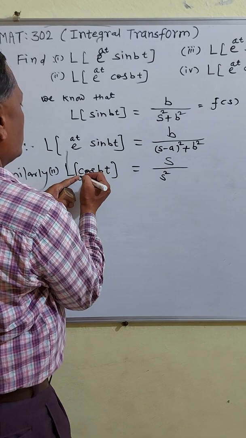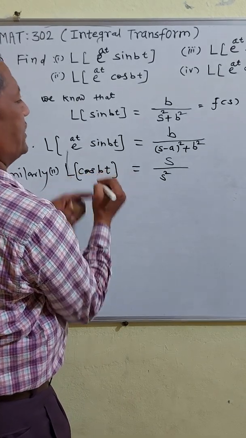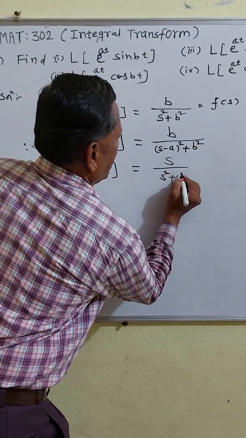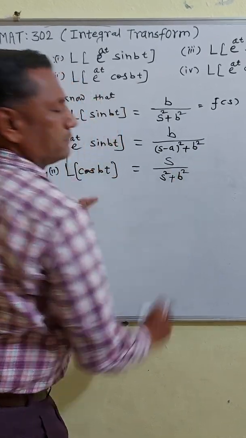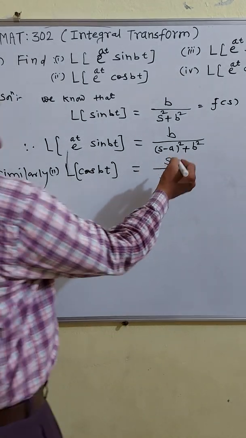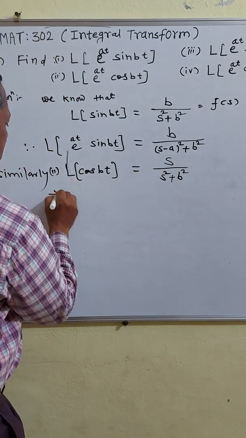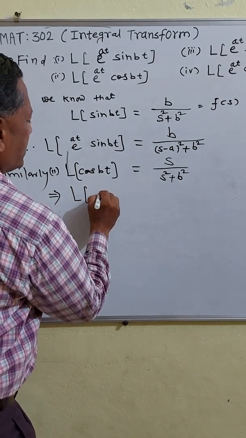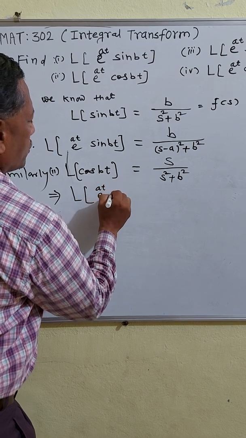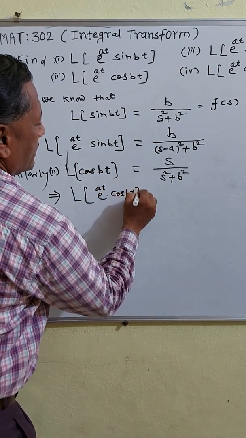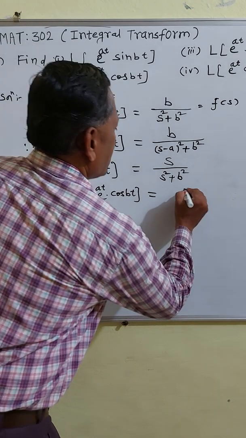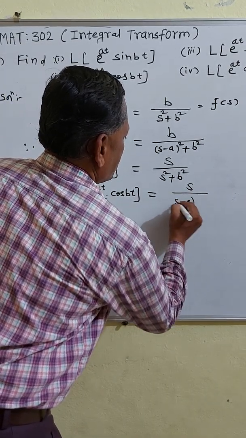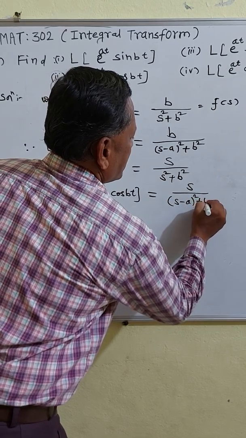Therefore, this is the f of s, and this implies Laplace transform of e raised to at into cos of bt is equal to s minus a upon s minus a whole square plus b square.